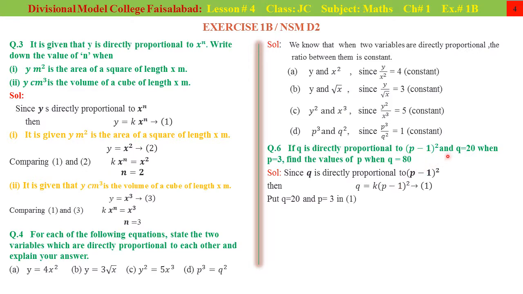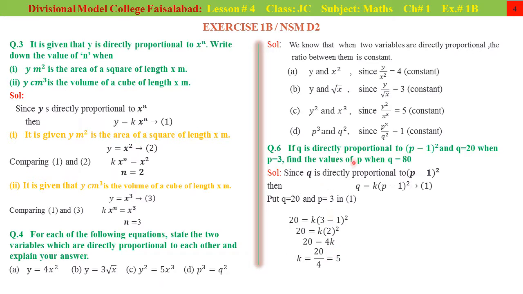Put the value of q 20 and value of p 3 in equation number 1 to get 20 equals k times 3 minus 1 whole square. 20 is equal to k, 3 minus 1 is 2, 2 square is 4, so 20 is equal to 4k, and 20 over 4 is equal to 5. So the value of k is equal to 5.